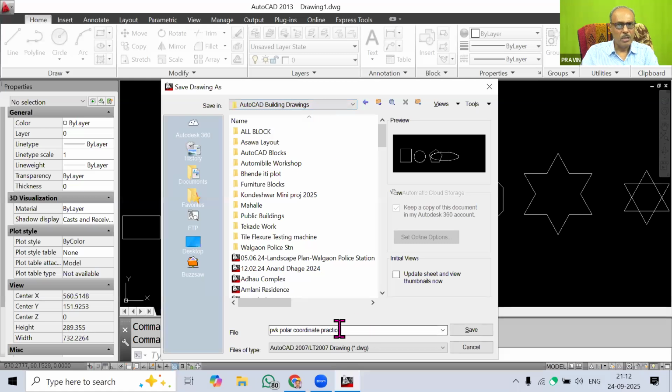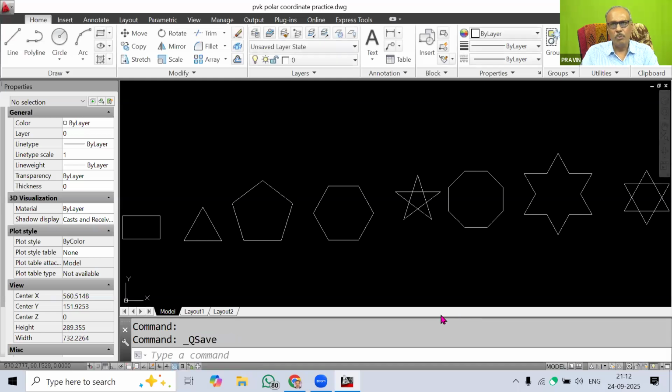And then inside that, PVK polar coordinate practice, that way I will save the file. So while making the submission, it is easy for you to know which type of file you need to upload for the assignments. So this is the save command.